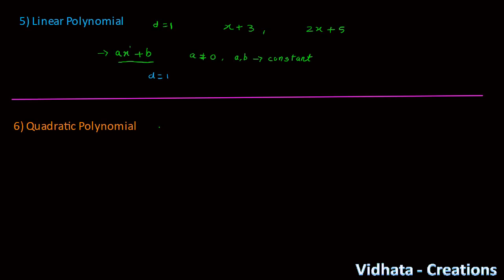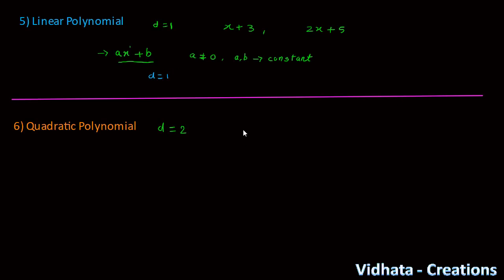What I told, a quadratic polynomial is a polynomial whose degree is 2. Can you give an example of a quadratic polynomial? For example, I will give you one example of a quadratic polynomial.